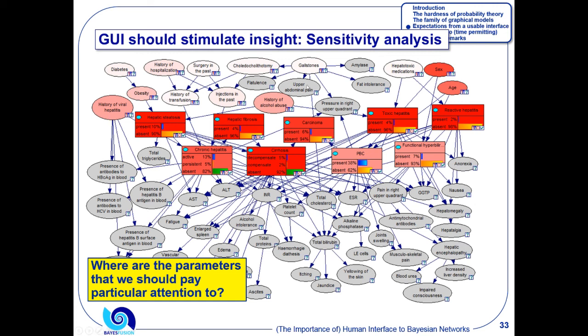Here are the parameters. When we run sensitivity analysis, we see where the important parameters are. These are the red and pink and lighter pink nodes. We can examine them more closely, looking at the maximum and minimum sensitivity in a node. This number is essentially a derivative of the posterior probability over the parameter.